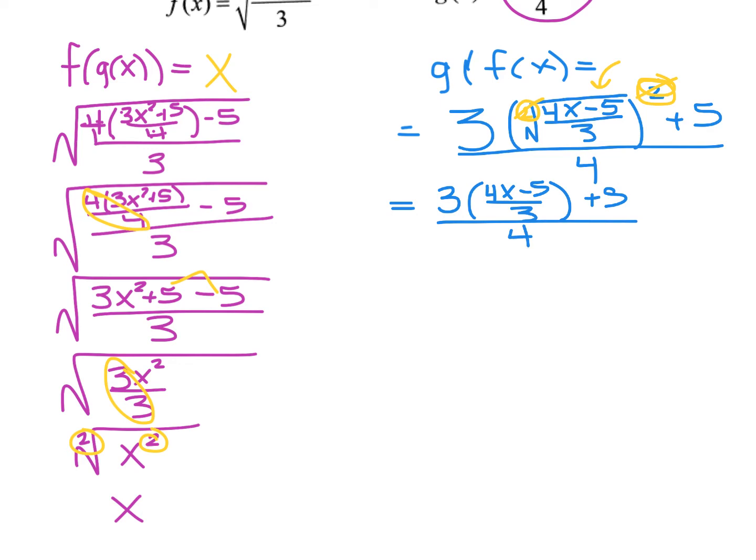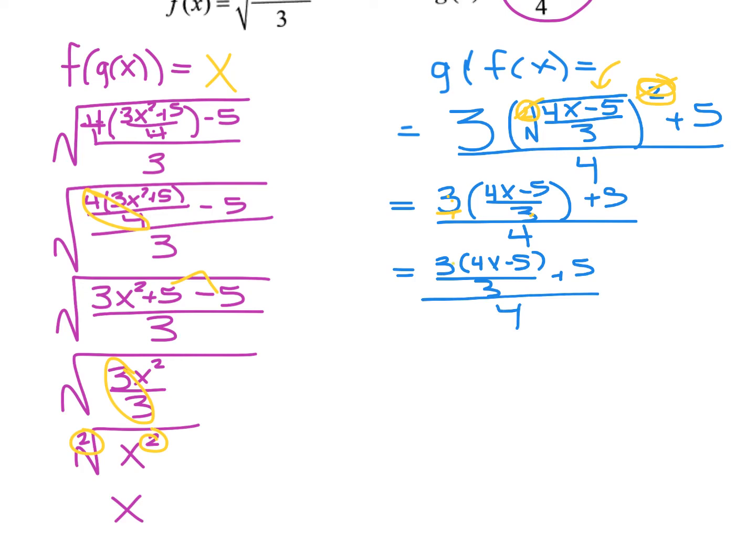Then I notice I might be able to undo these right off the bat as well. If I do 3 over 1, this is going to become 3, and then it's going to be 4x minus 5 in that numerator over 3, plus 5 over here, all over 4.